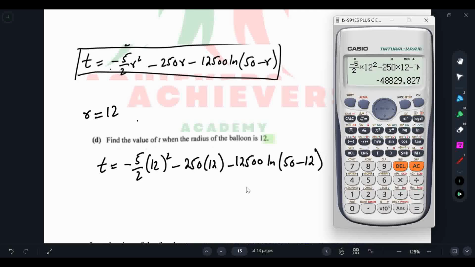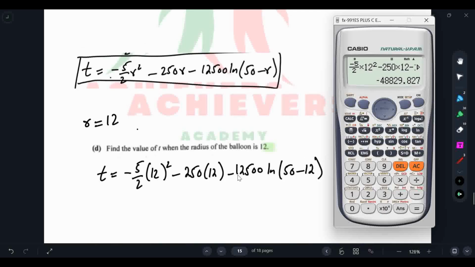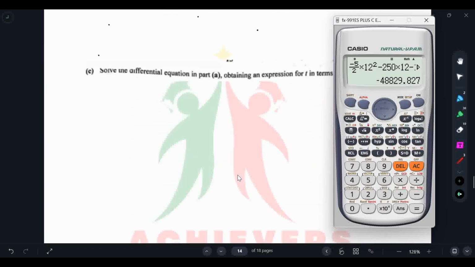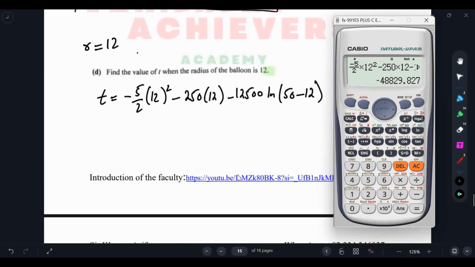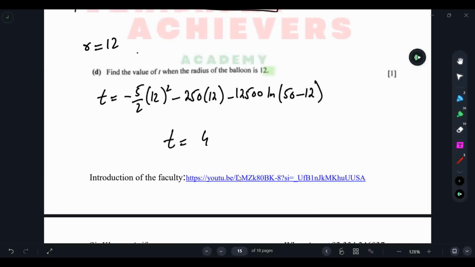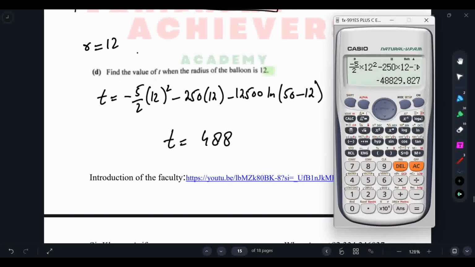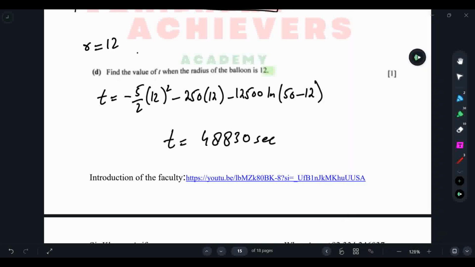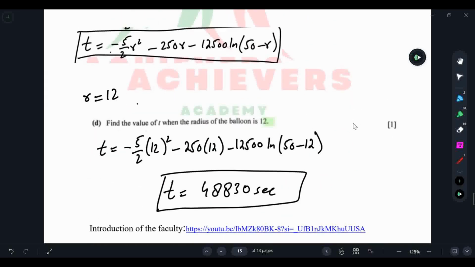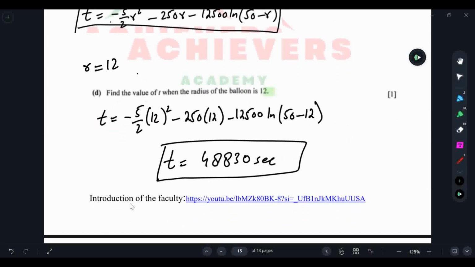So time will be equal to 48,830 seconds. Actually time cannot be negative, so we will take it in the positive way. We can convert it into minutes, but no need to convert it, because it is not a requirement of the question.